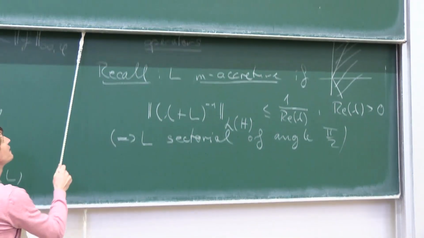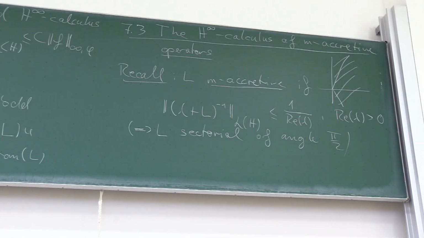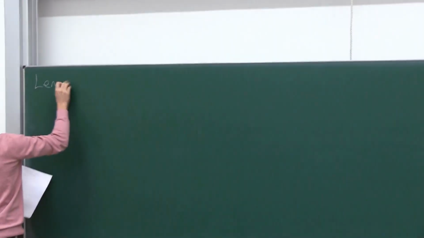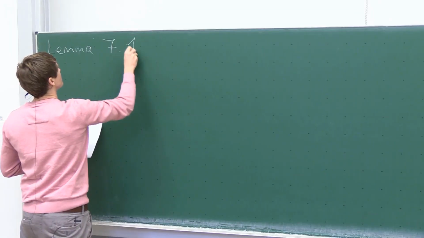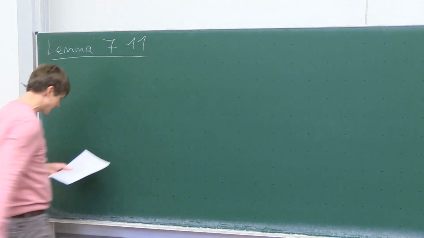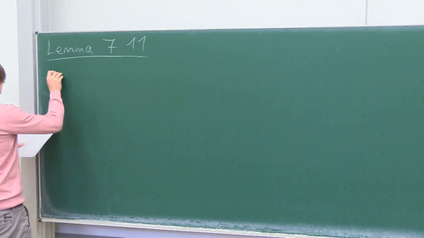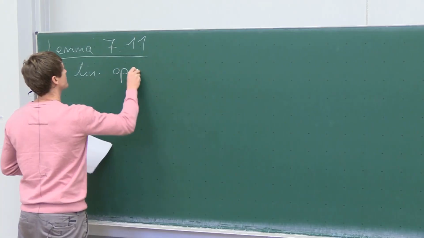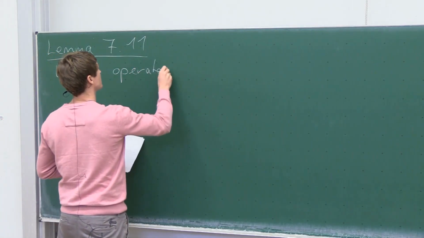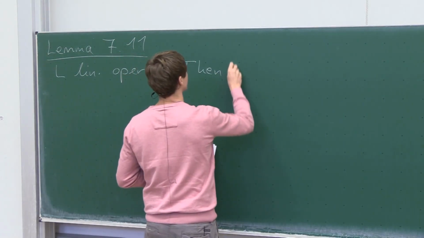All right. And there's a certain characterization of m-accretivity, which is as follows, and this is left for you as exercise 7.1. Namely, let's say L is a linear operator, then the following are equivalent.